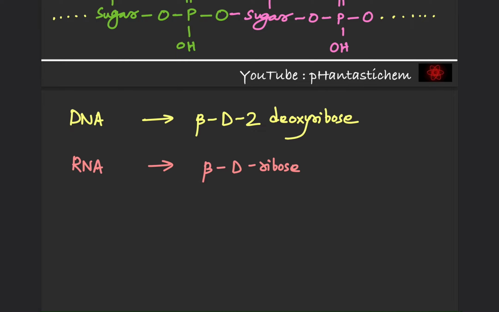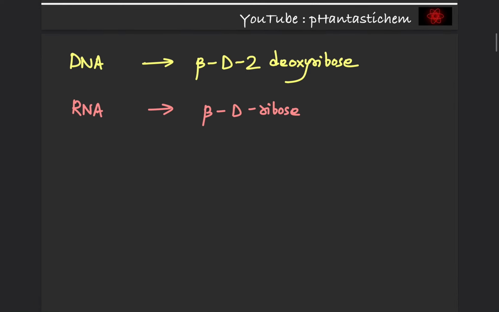So I will draw their structure. Beta D 2-deoxyribose will look something like this, and both are pentose sugars, by the way. That means they contain 5 carbon atoms.